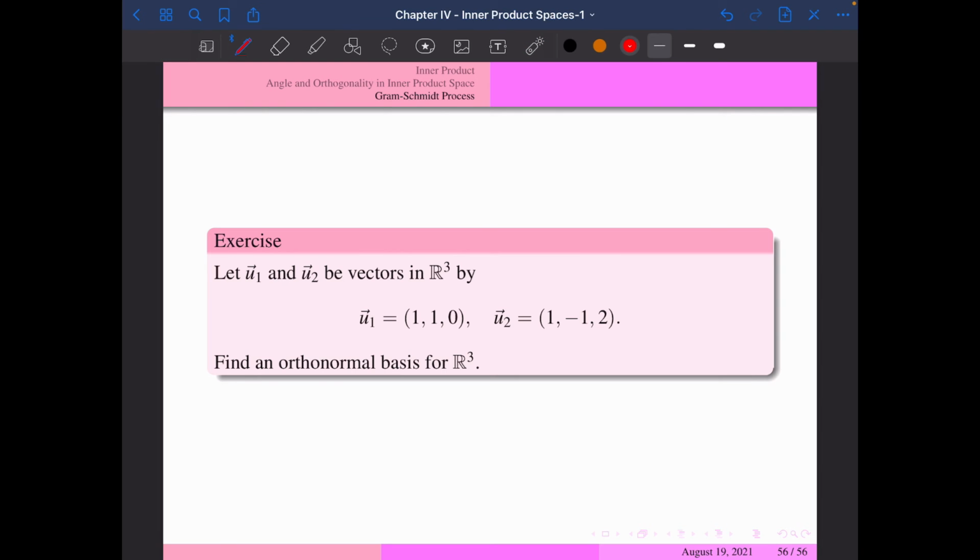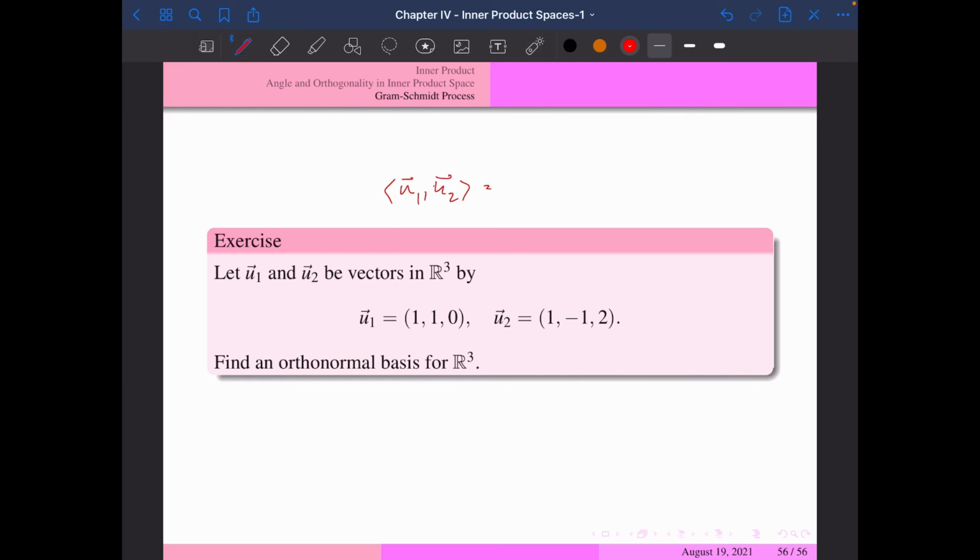From this one, you can see that the vectors u1 and u2 are orthogonal. Why are they orthogonal? In this example, they don't give us the inner product, so we will use the Euclidean inner product.